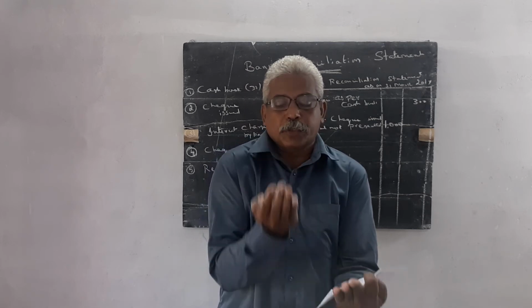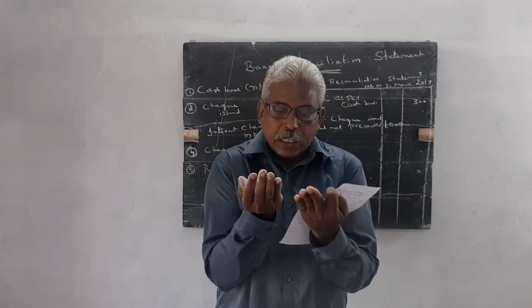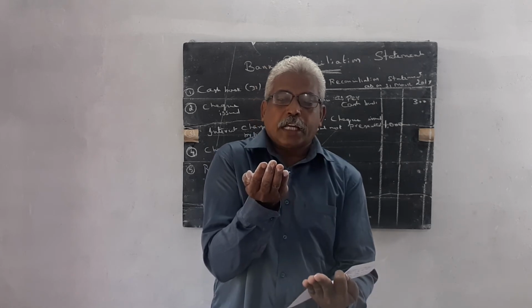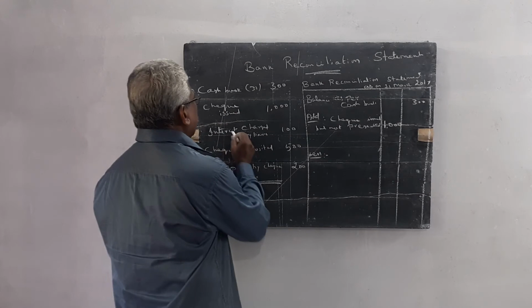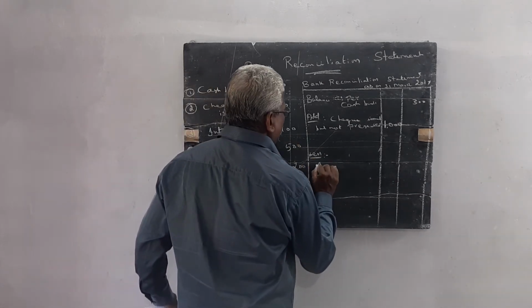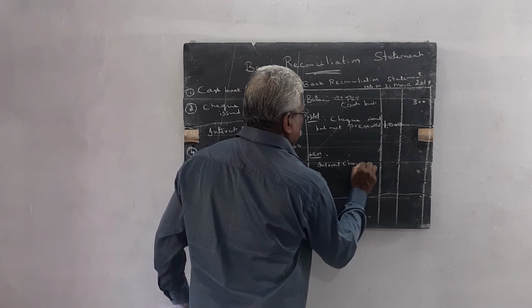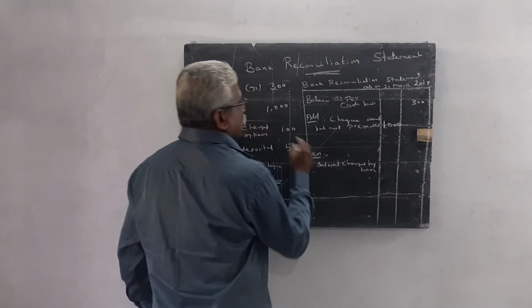So we have to subtract it. Then only both are tallied. Here we write interest charged by bank, rupees 100.